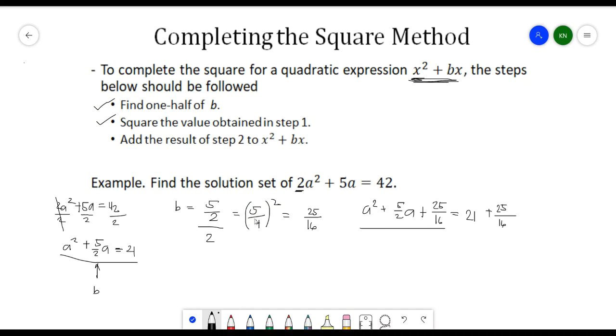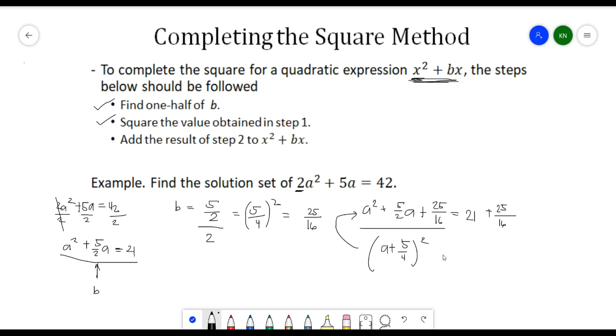Whatever the result of dividing our b by 2 is, you can just have that as your roots already. So a plus 5 over 4 is already our root, but since this is squared, you just have to square that one.